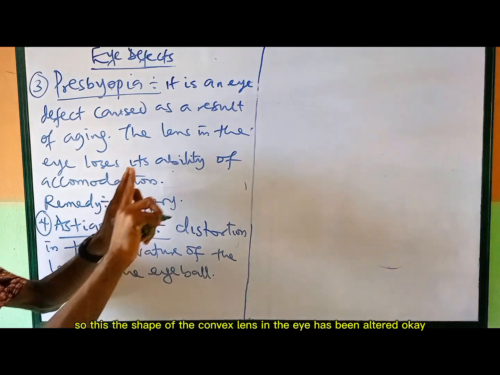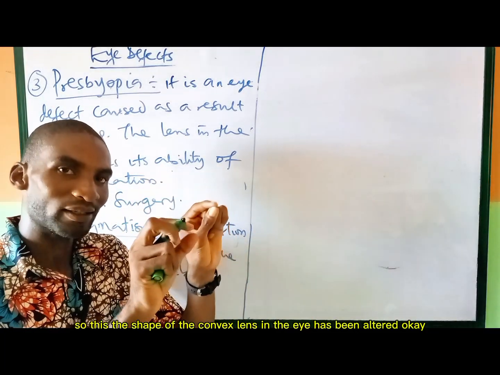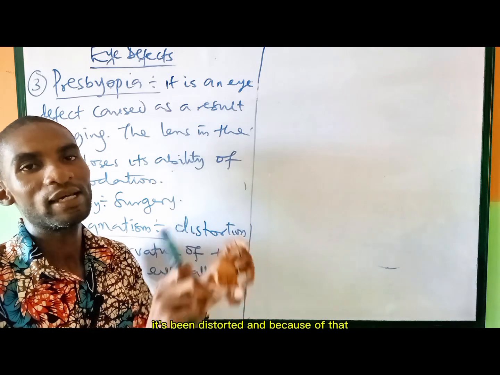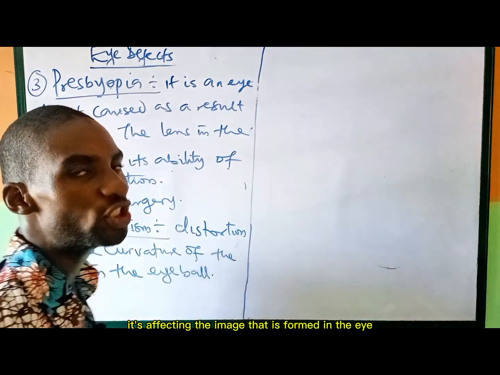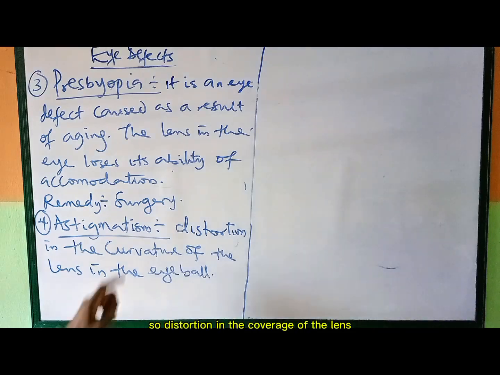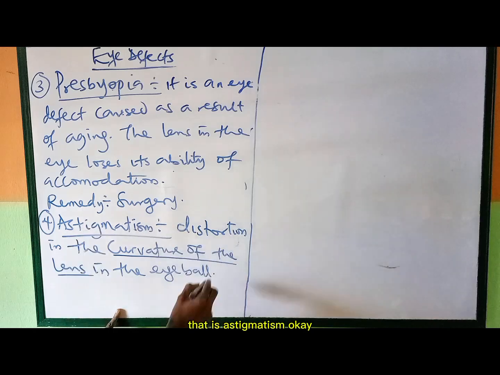The shape of the convex lens in the eye has been altered, it has been distorted, and because of that, it affects the image that is formed in the eye. So distortion in the curvature of the lens. Where you see anything that has to do with curvature of the lens, that is astigmatism.